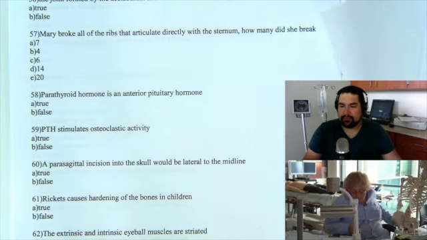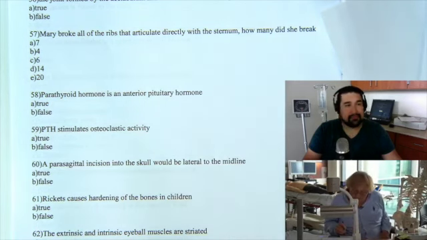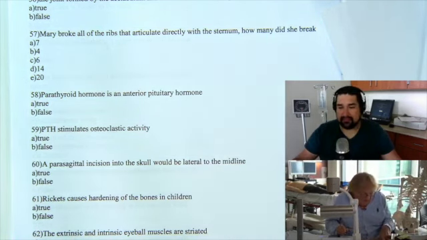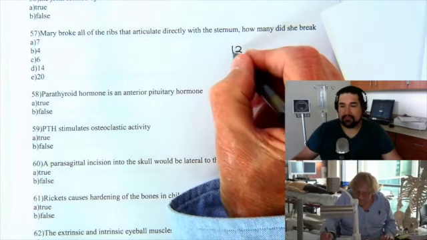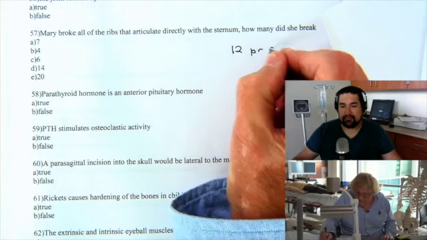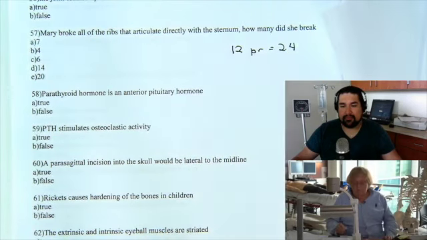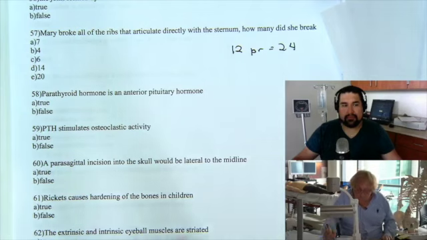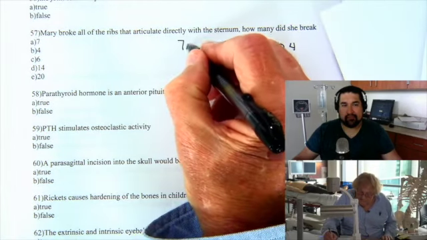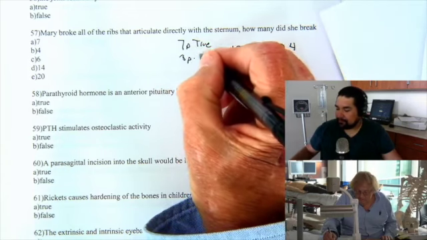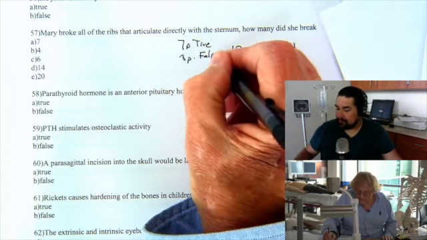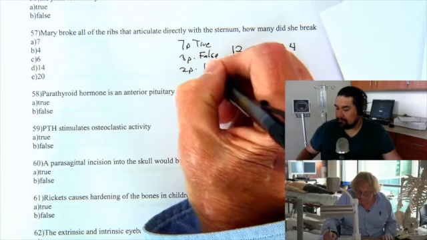So therefore, this question says, how many do I have? Well, I know the total number of ribs that I've got is going to be 12 pair. So it's basically 12 pair of ribs, or 24. But those are going to be broken down into basically true ribs, false ribs, and floating ribs. So therefore there's going to be 7 pair of true, and there's going to be 3 pair of false, and 2 pair of floating.